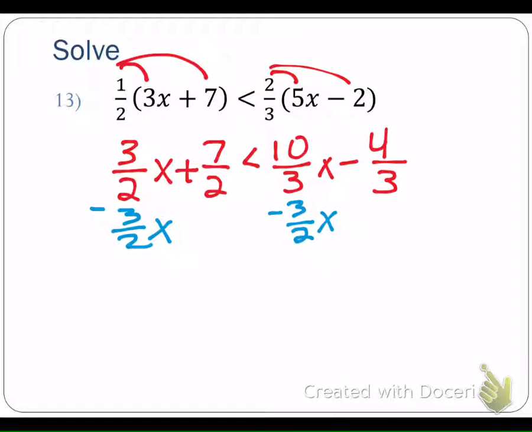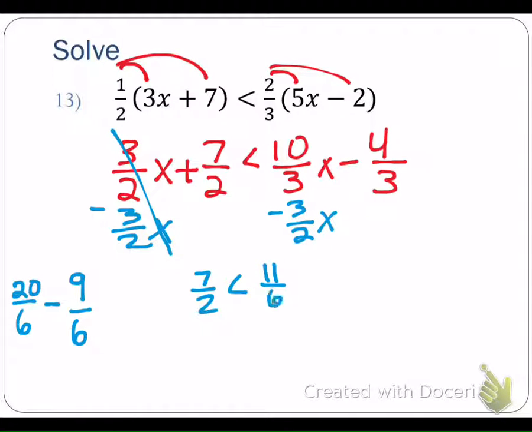So that would be 20 over 6, right? You multiply top and bottom by 2. Minus 9 over 6. Okay, so that would be 11 over 6x, and I still have the minus 4/3.